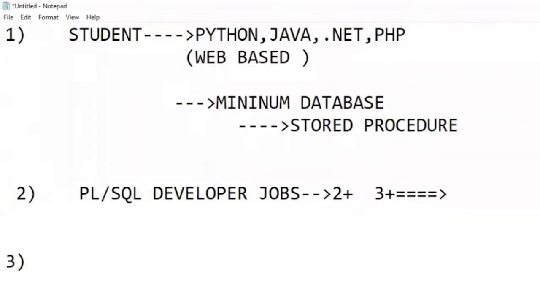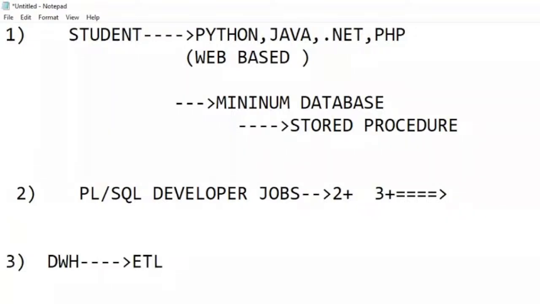Another type of persons: nowadays many people do not have good coding knowledge, or are not technical persons, and want to move into software. For them there are jobs in data warehousing technologies, where there are ETL programmers and reporting programmers.